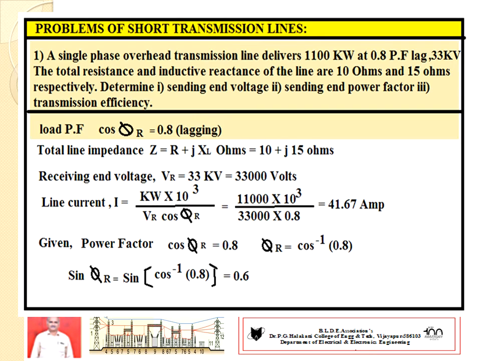That means the receiving end power factor is 0.8, the receiving end power is 1100 kilowatt, and the receiving end voltage is 33 kV. Getting the idea? So now start with the receiving end power factor cos phi r is 0.8, total line impedance R plus jXL is given directly as 10 plus j15 ohms, and receiving end voltage is 33 kV or 33,000 volts.